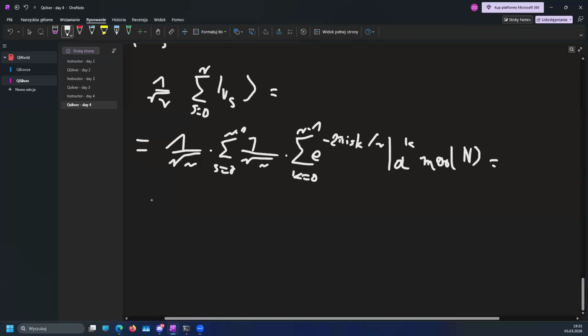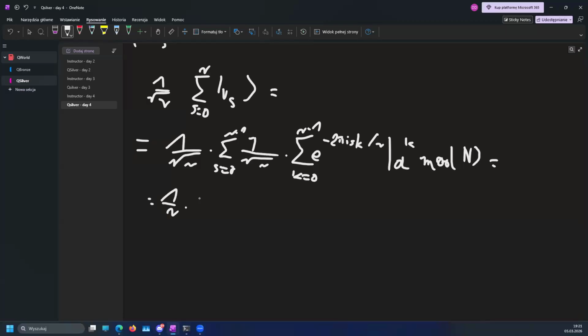And this we can rewrite as 1 divided by r times the summation from k equal to 0 to r minus 1. Then again a summation, so we put this 1 divided by square root of r before the summation. So now we have two summations, and here we will have s from 0 to r minus 1.